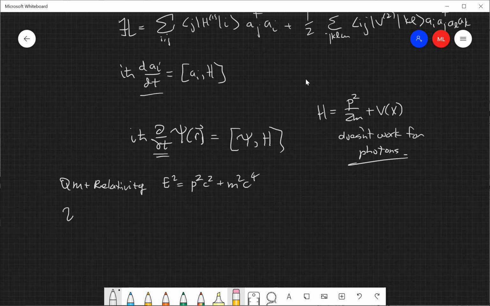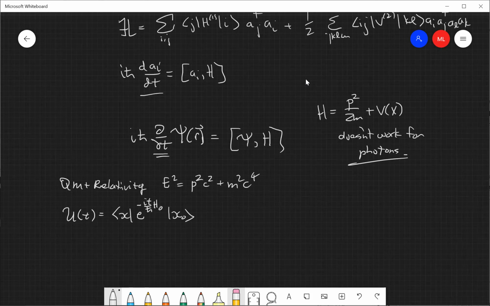You can think about the time evolution operator for going between two different locations, x and some initial x naught. In here you would put free particle evolution, so you would put e to the minus it over h bar times some free particle Hamiltonian. And how would we choose the free particle Hamiltonian?